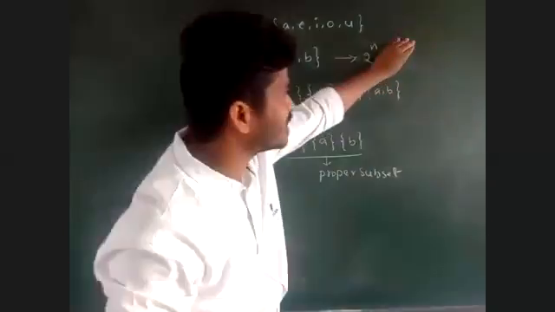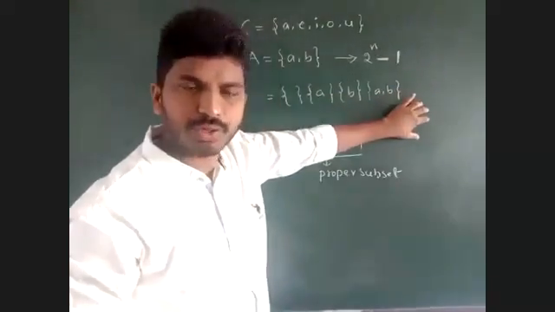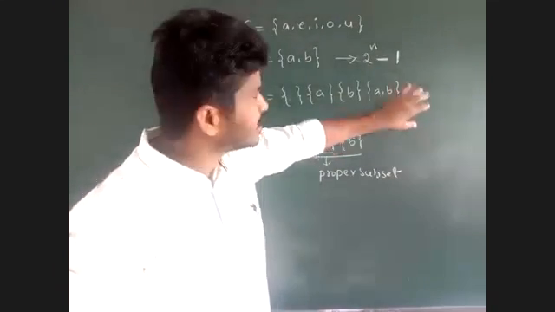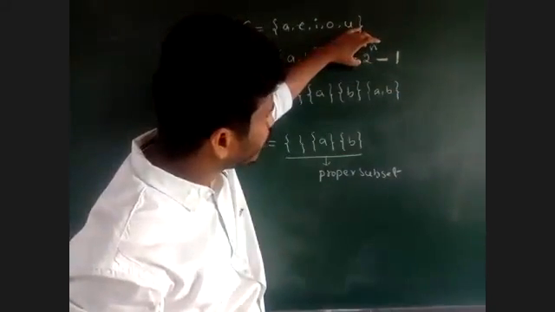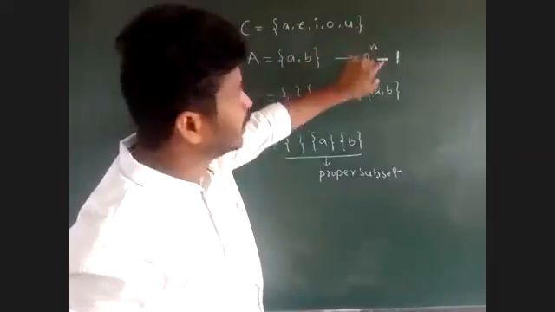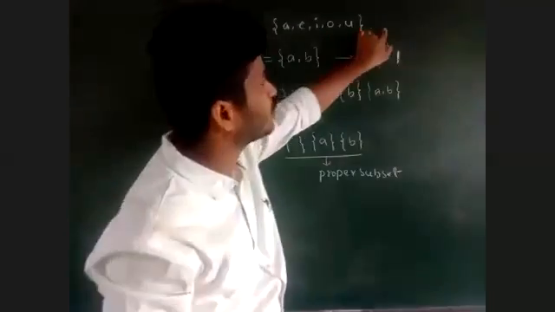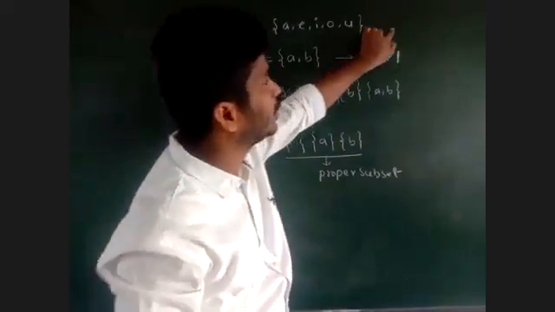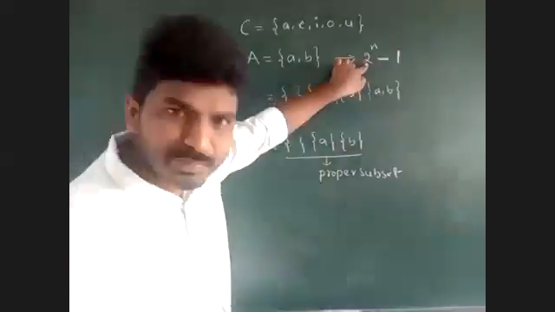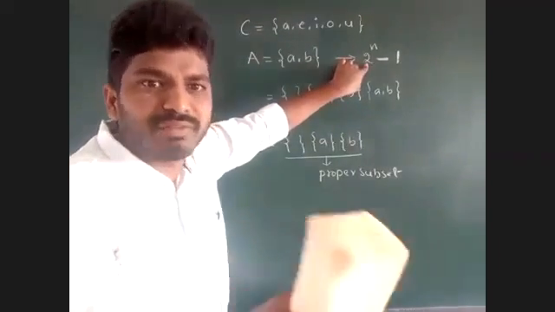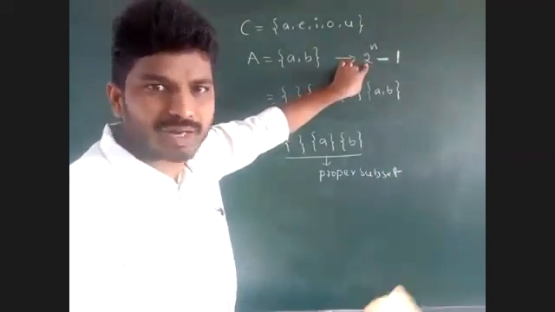This minus 1 is nothing but itself. We should remove itself. Then this total formula is called the number of proper subsets of the given set A or B or C, whatever.